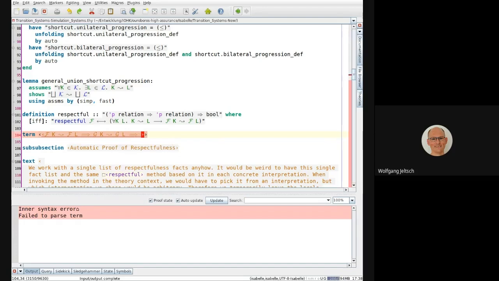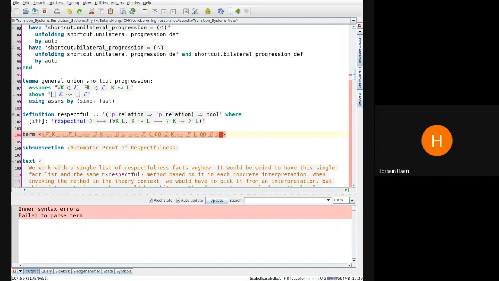And from this, we must be able to deduce that f k composed with g k shortcut progresses to, no, not f l, but f l composed with g l.